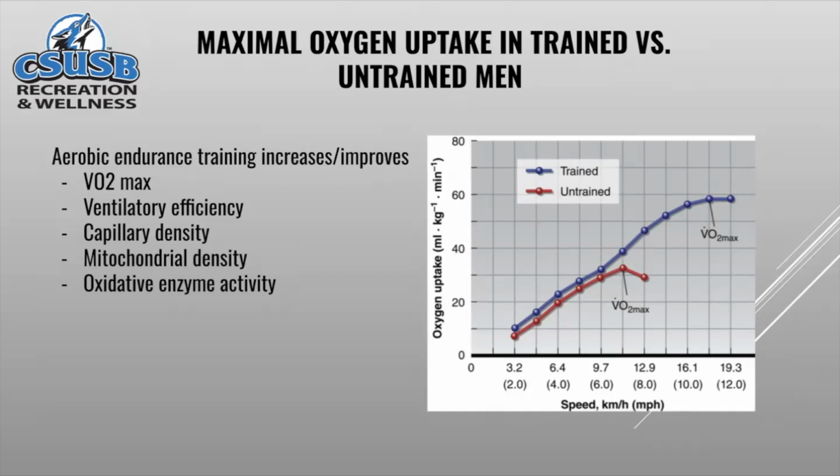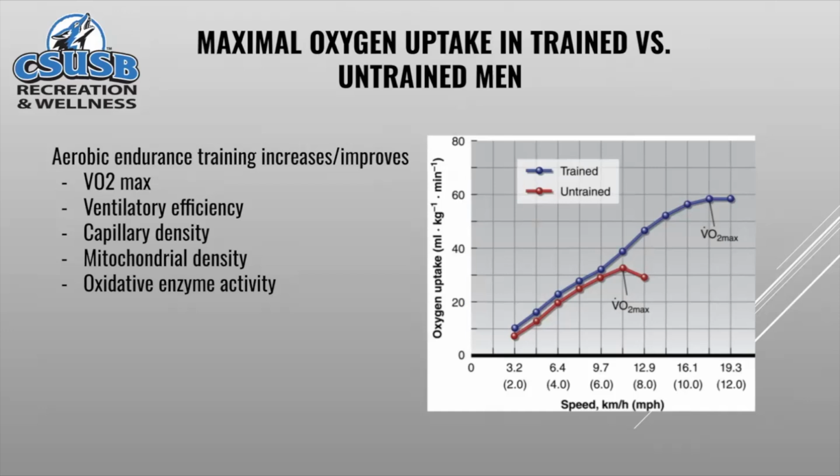So you can see down in the red, untrained men, in this study, they peaked around 10, 11 miles per hour and at 30 milliliters per kilogram per minute of VO2 max. Whereas trained individuals, way later down the line, 17, 18 miles per hour, and they're looking more at a VO2 max of 60.